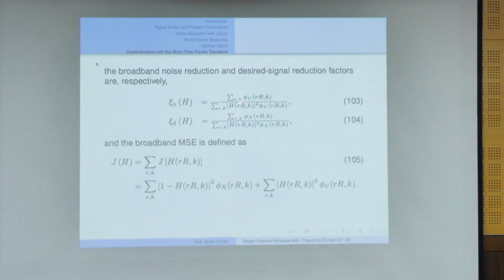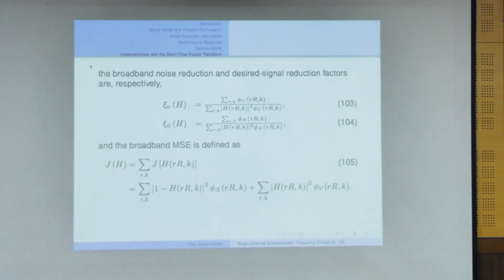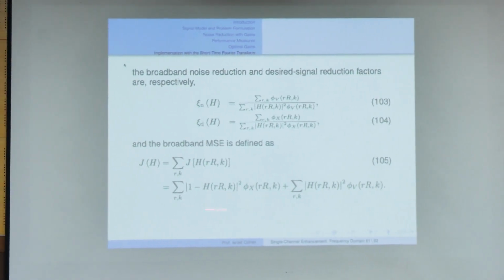We took summation only for the frequency, or we wrote it as an integral, but it actually can be thought of as summation. Here we take summation over the time indices of the windows and also the frequency indices. So we take summation over the time frequency bins of the STFT. We can also compute the broadband MSC as summation over the time and frequency of the MSC for each time frequency bin.